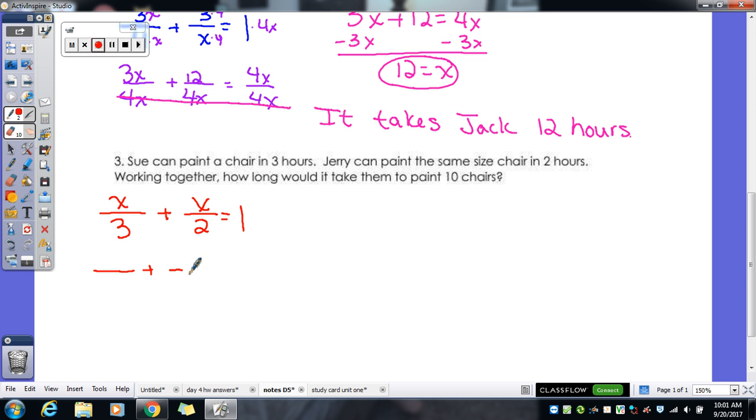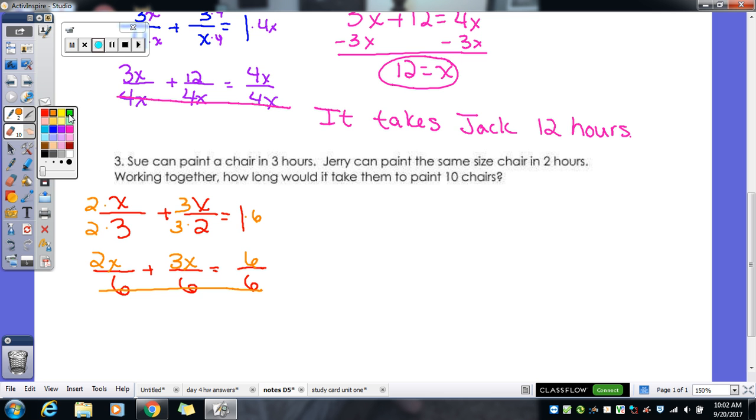So our common denominator this time would be a what? 6. Our first fraction I would have to do times 2, so I get a 2x. Second fraction would be times 3, so we get a 3x. And then we have to do the 1 times a 6. So we would get 2x plus 3x, so 5x equals 6.